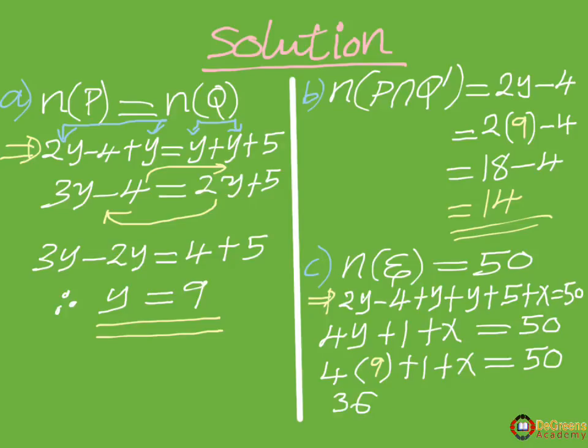So we have 36 plus 1 plus x equal 50. 36 plus 1 is 37. So you ask yourself, what can be added to 37 to have 50? That value which can be added to 37 to have 50 is x. And that gives us x as 13. So x is 13.